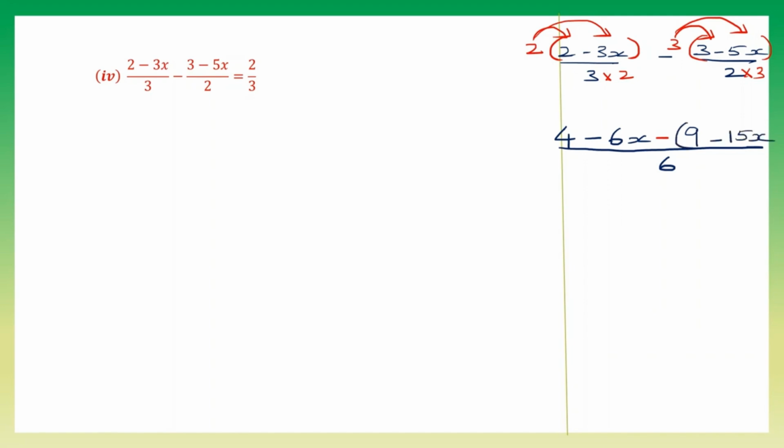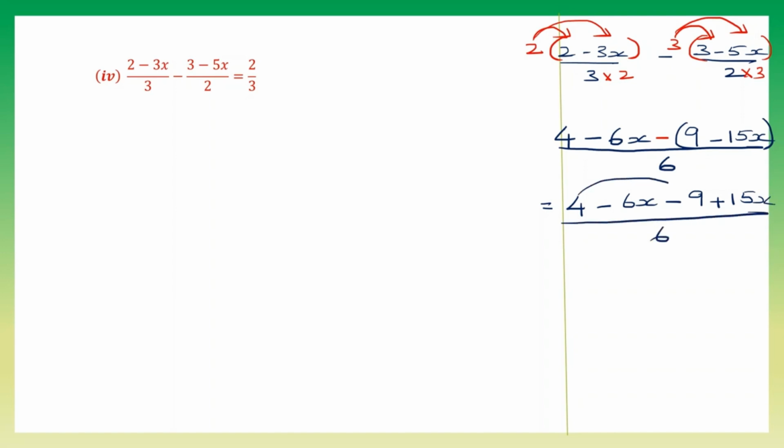So let's put this within brackets because of the minus sign before it. Now let's open the brackets. So we have 4 minus 6x. When you see minus before a bracket, change all the signs inside. So minus 9 plus 15x. This is divided by 6.